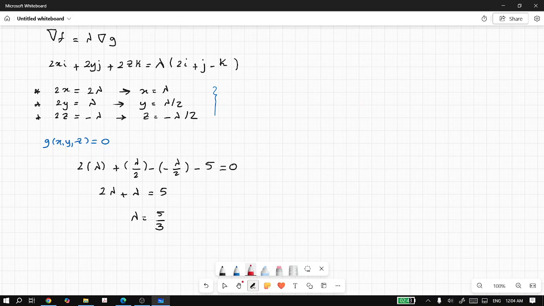So x is equal to 5 over 3. And again y is equal to what? Instead of lambda we put 5 over 3. 5 over 3 over 2 gives me 5 over 6, and z is equal to minus lambda over 2, so that gives me minus 5 over 6.